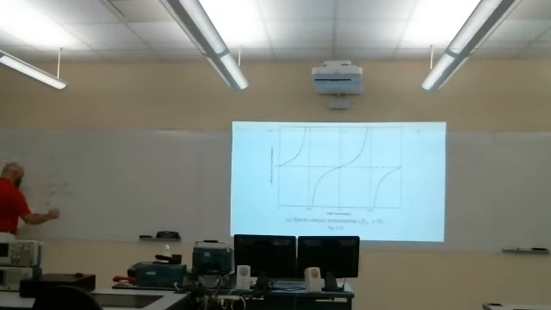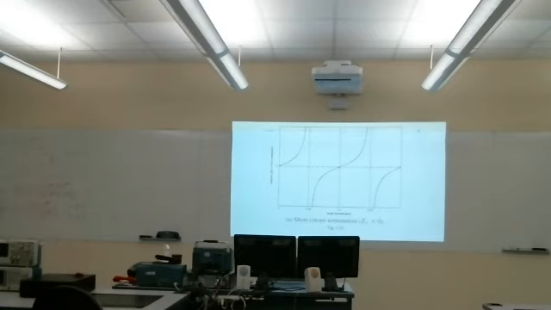Again, beta is a function of frequency. It also depends on the characteristic inductance and characteristic capacitance of the transmission line. And the characteristic impedance is the square root of L prime over C prime.